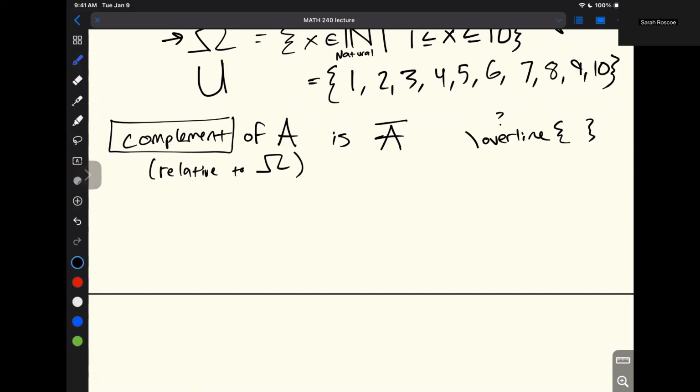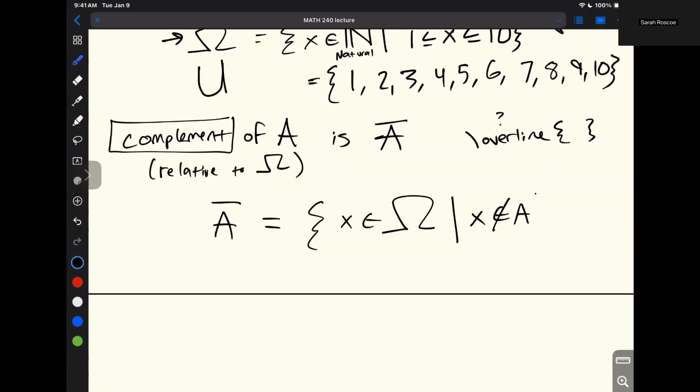And that basically means anything but the stuff that's in A. We write that as the complement of A is equal to the set of all things in the universe, but not the stuff in A, or except the stuff in A.